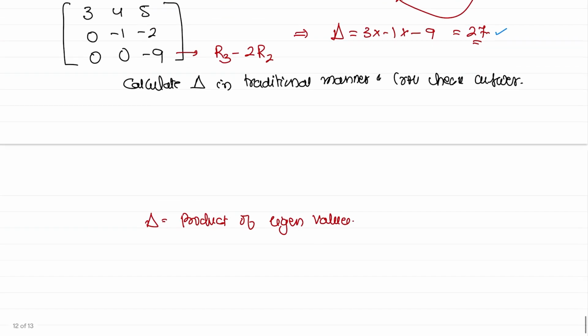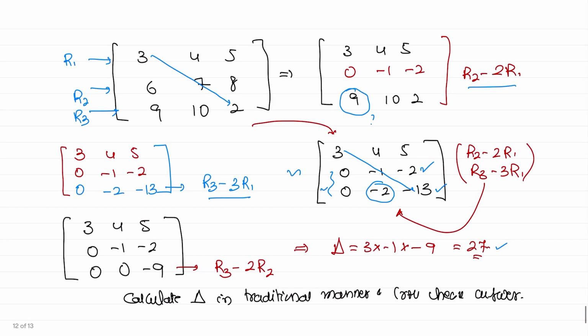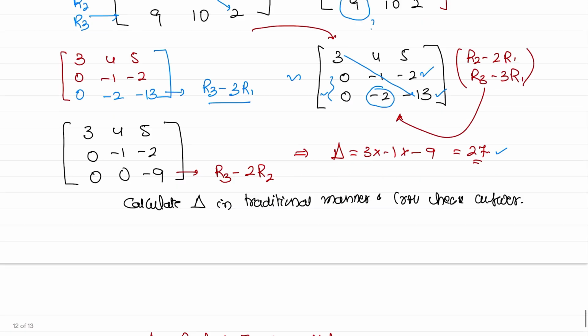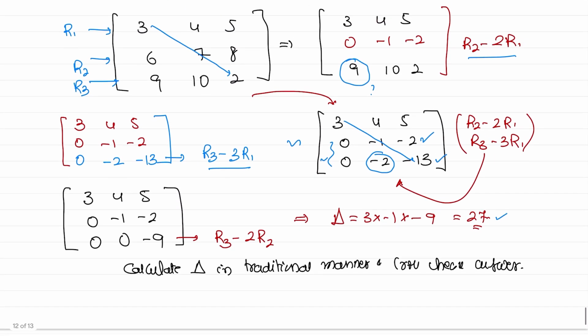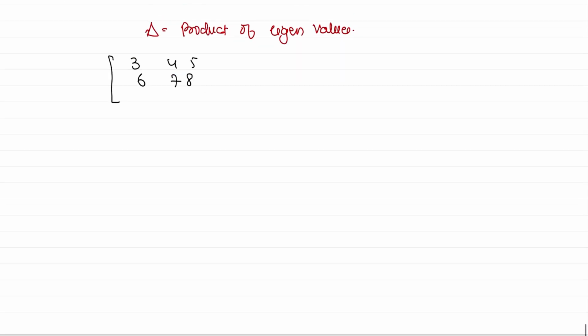If you want, we can even cross check the answer once again with this matrix: 3, 4, 5, 6, 7, 8 and 9, 10, 2.